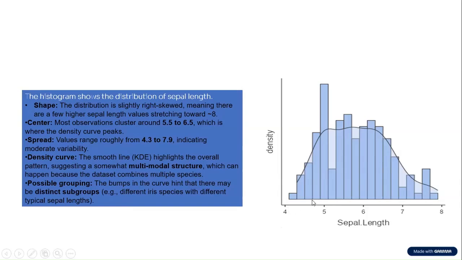Spread is around 4.3 to 7.9, indicating moderate variability. The density curve highlights the overall pattern, suggesting a somewhat multimodal structure, which happens because the dataset combines multiple species. The bump in the curve hints that there may be distinct subgroups.